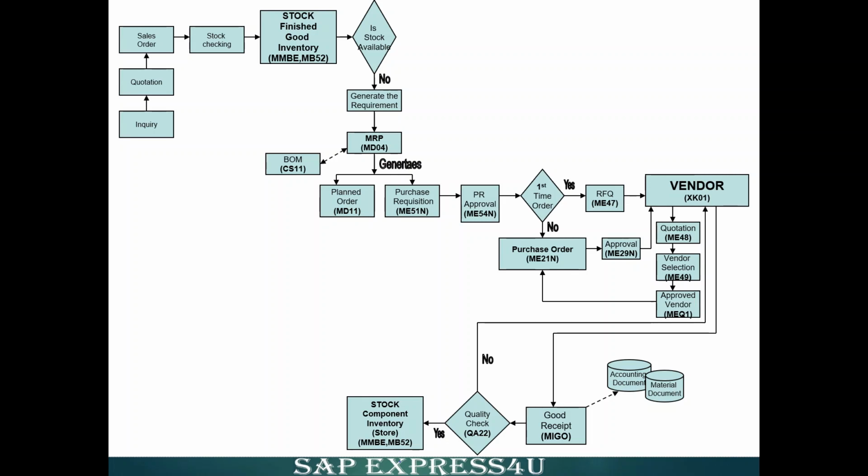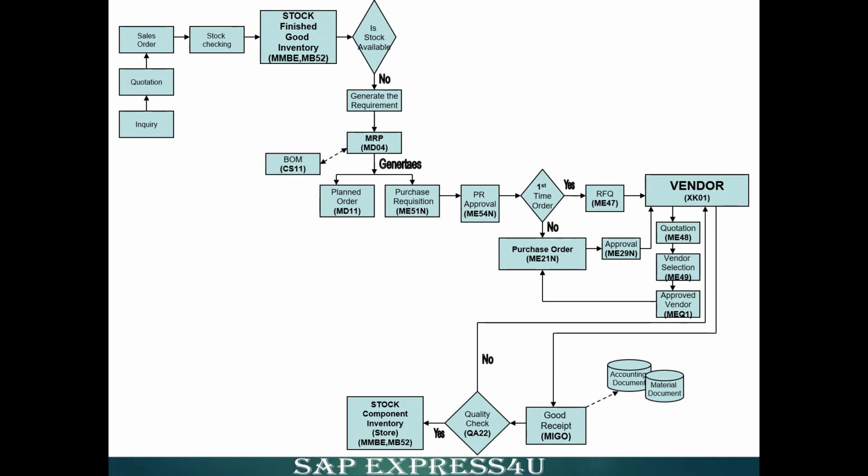There can be different scenarios in this, but for just business understanding, we will understand that there was a quality check, a rejection happened, and the vendor agreed, yes, we are going to send you a new lot, or we are going to replace it with different materials. After that, again the goods receipt is done, again the quality check will be done, and then the component will come to our stock.